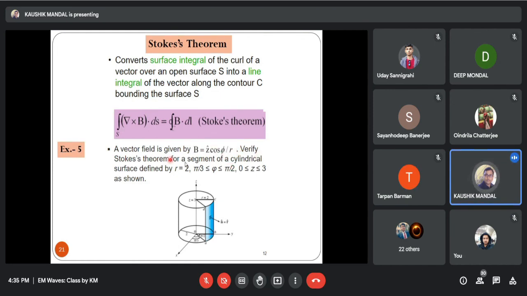Now we have to verify the Stokes theorem for a segment of the cylindrical surface, where r equal to 2, z equal to 3, the height of the cylinder is 3, and the angle phi is between pi by 3 and pi by 2. So basically you find out this curl B dot ds and B dot dl.